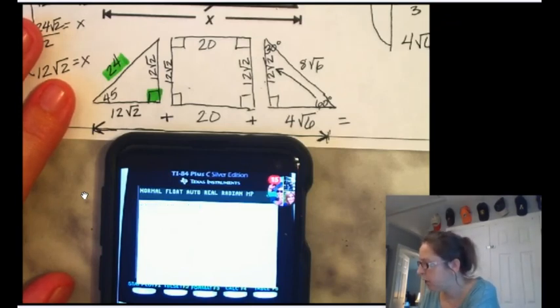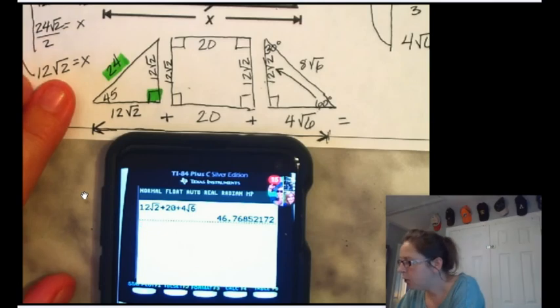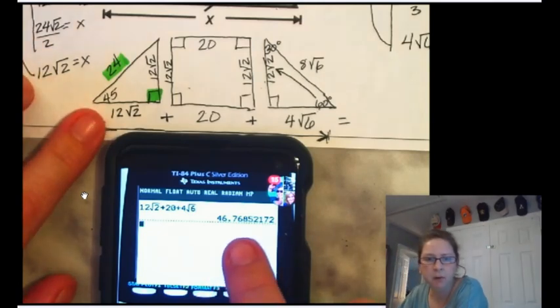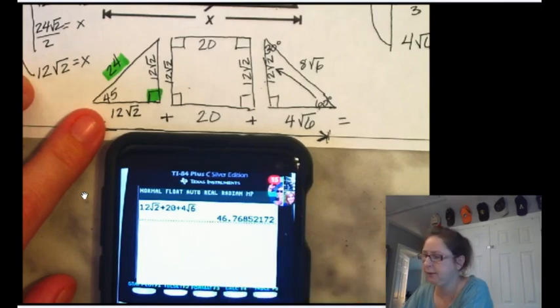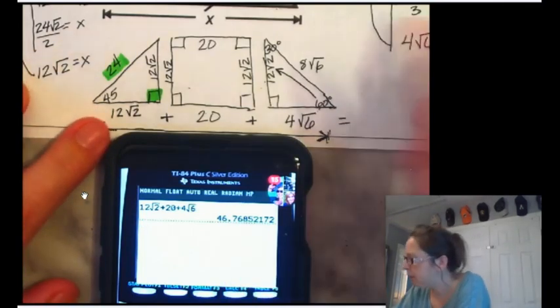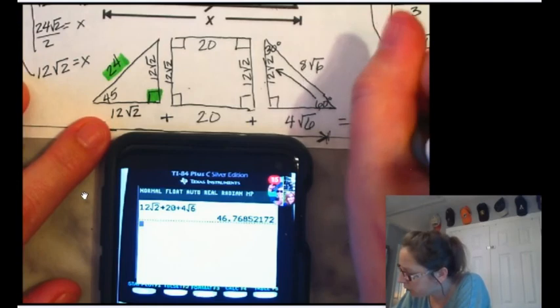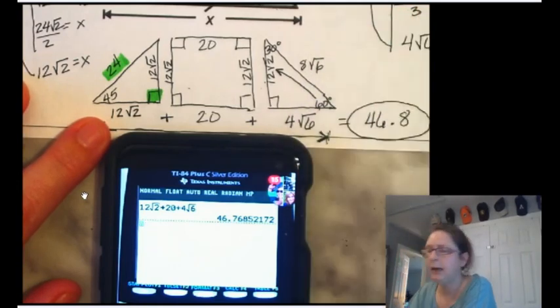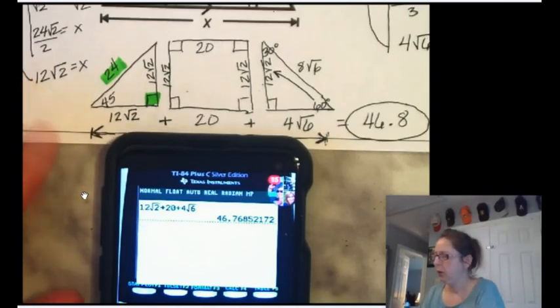I'm going to hit enter, and I get 46 point, if I round that to the tenths place, it would be 46.8. And that is the final answer.